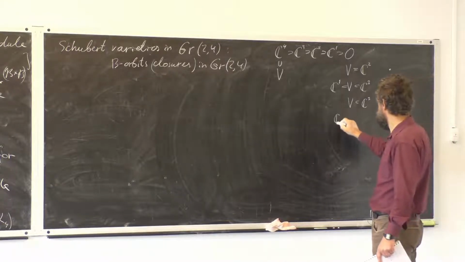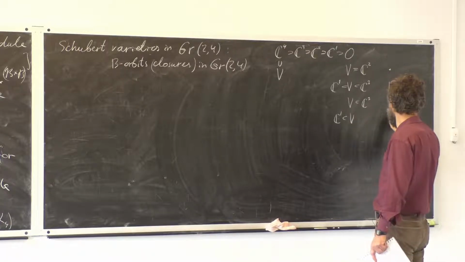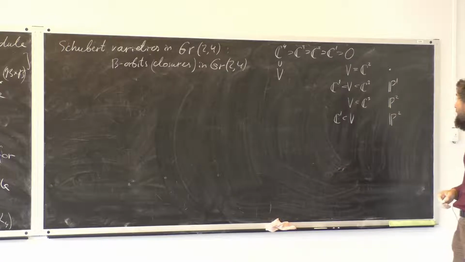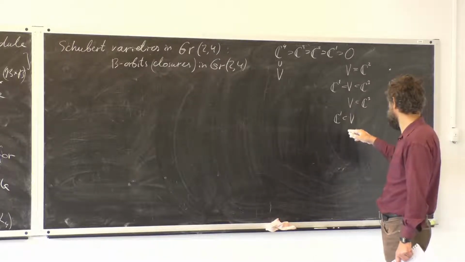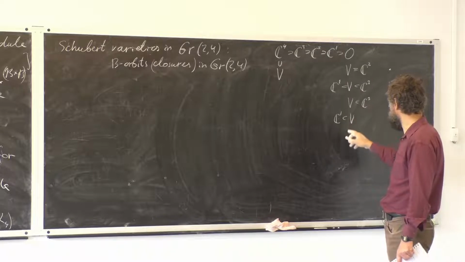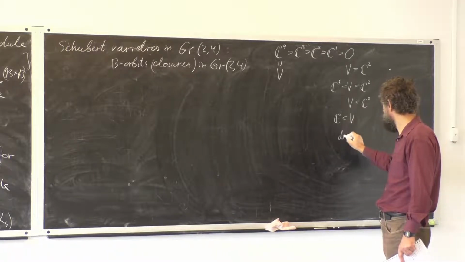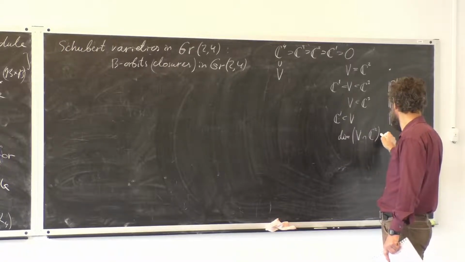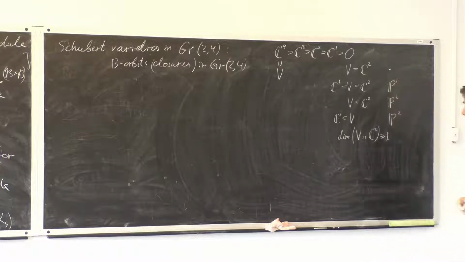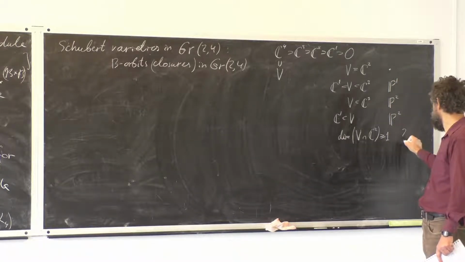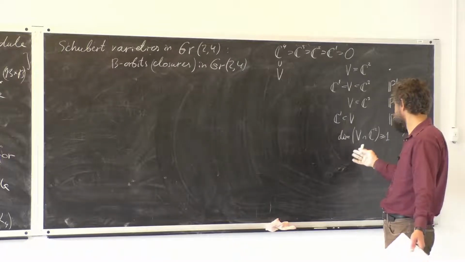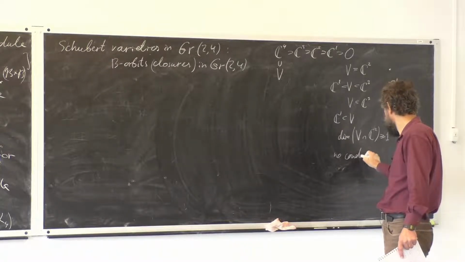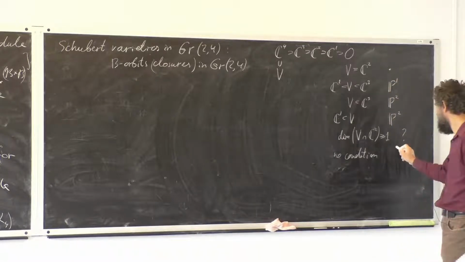There's a possibility that V contains C1, there's another P2, and there is one more possibility that neither of those happens, but still the dimension of intersection of V and C2 is at least 1. And this is, I don't know what. And finally, there's no condition whatsoever, and then we get the whole Grassmannian.